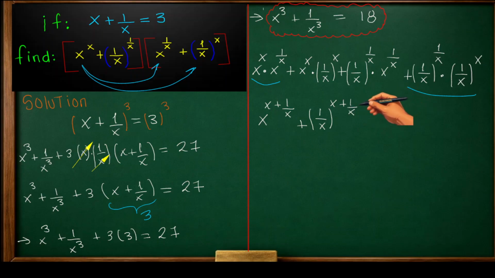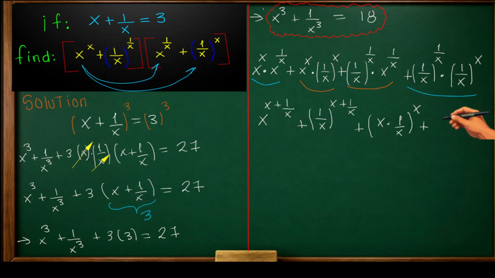If the exponents are the same, we just multiply the bases: plus x times 1 over x to the x, plus 1 over x times x to the 1 over x.